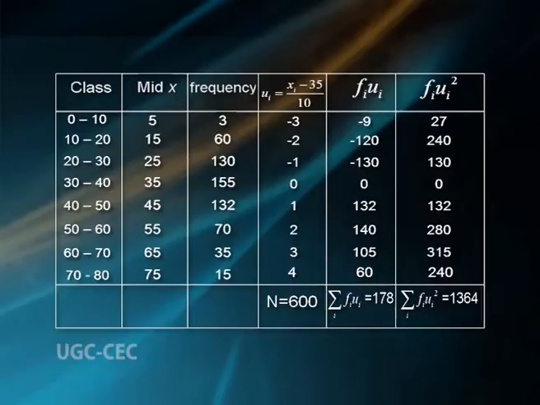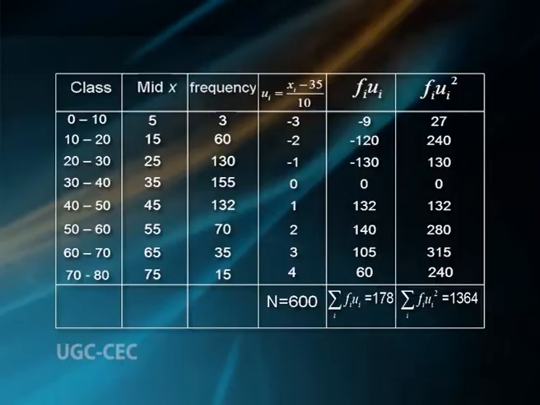Corresponding frequencies 3, 60, 130, 155, 132, 70, 35 and 15. Capital N equal to 600. Here ui values, ui equal to xi minus 35 by 10. They are minus 3, minus 2, minus 1, 0, 1, 2, 3 and 4.